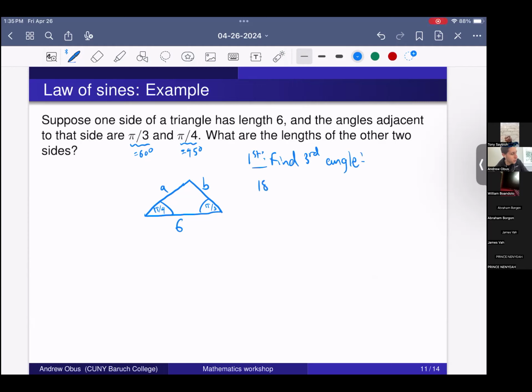We just have 180 degrees equals 45 degrees plus 60 degrees plus theta, where this is the third angle. If you solve for this, you end up getting theta equals 75 degrees, or in terms of radians, 5 pi over 12.